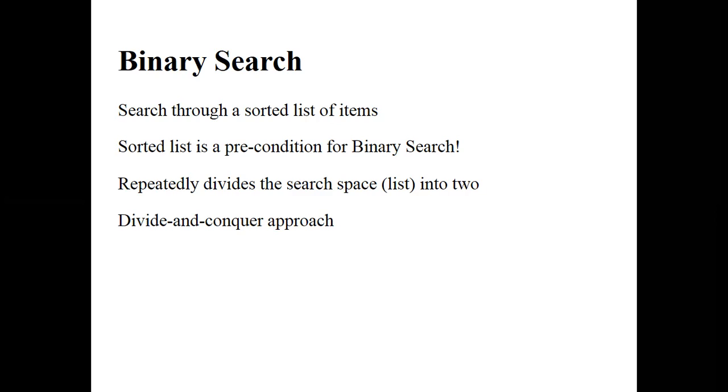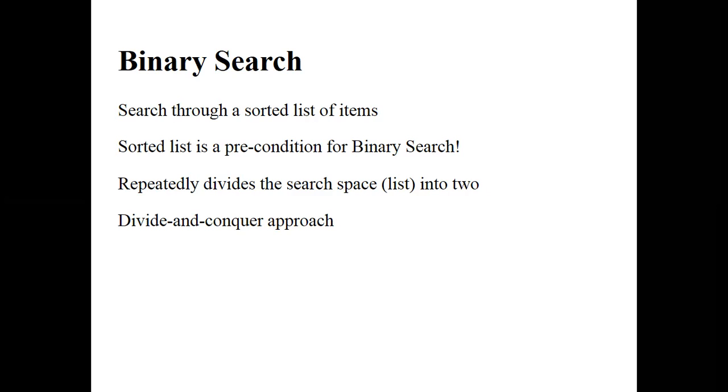So if you want to perform binary search, then the data should be in a sorted array. It repeatedly divides the search space into two. We apply the divide and conquer approach to get success in binary search and save our time.